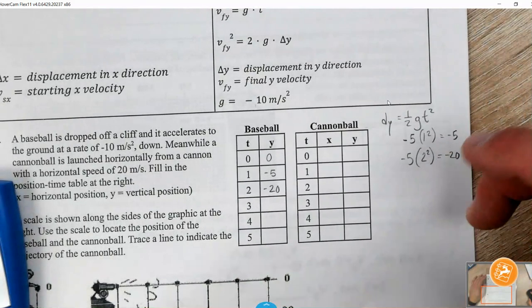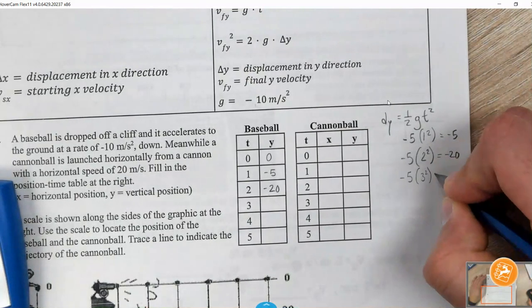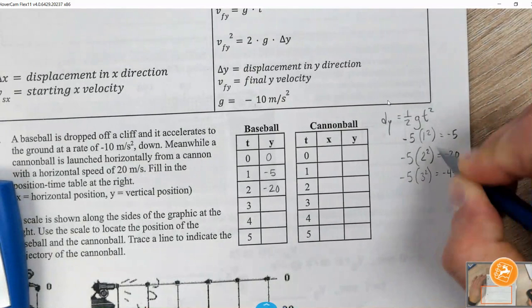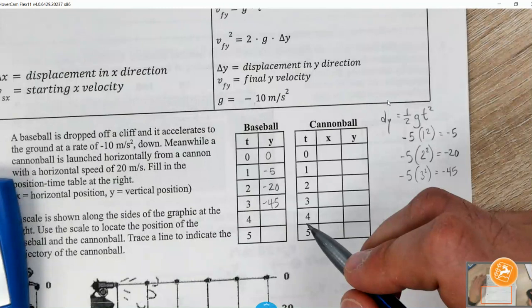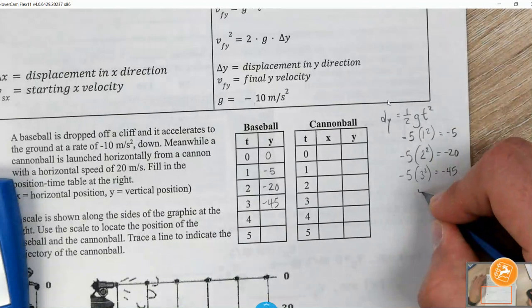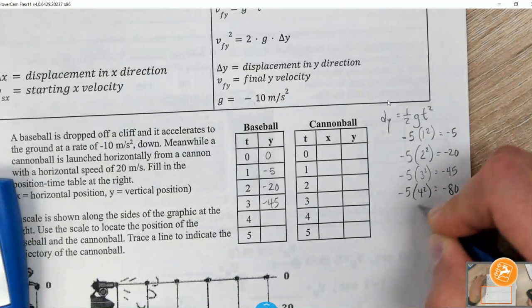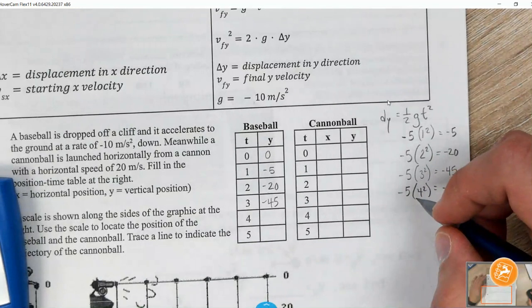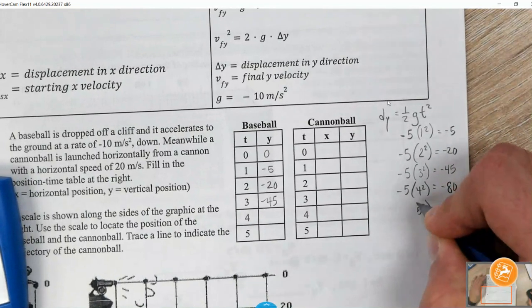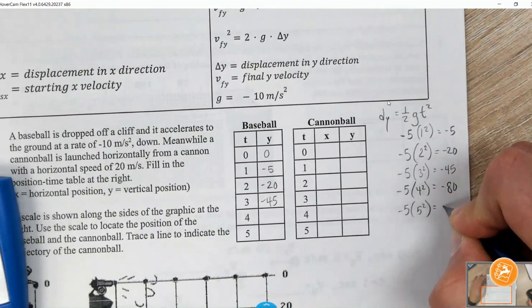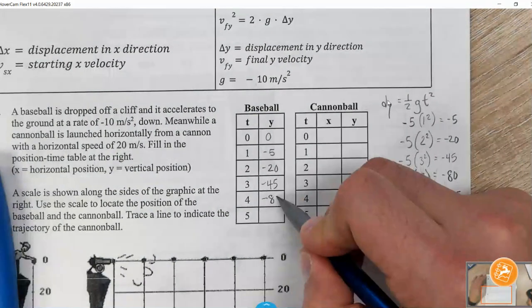Then 3 squared is 9, 9 times negative 5, negative 45. 4 squared times negative 5 would be negative 80. And then 5 squared is 25 times negative 5 is negative 125 meters.